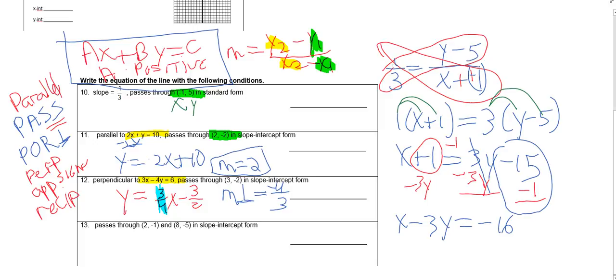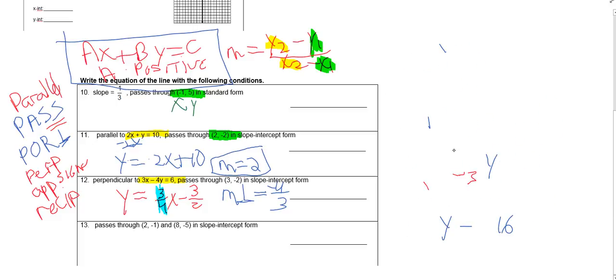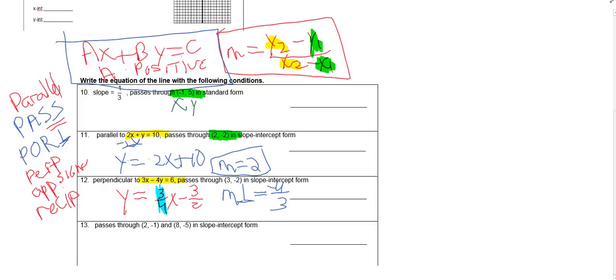Alright, let's do the very last one, number 13. It's going to be in slope-intercept form. And this time they didn't give us the slope, but hey, that's pretty easy to calculate, right? We're still going to use our formula that we have written up here, y2 minus y1 divided by x2 minus x1. So let's do this one real quick.